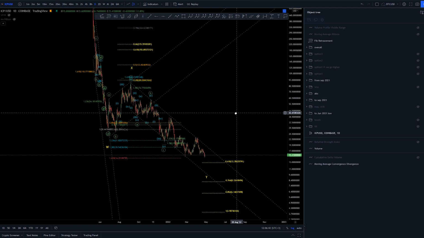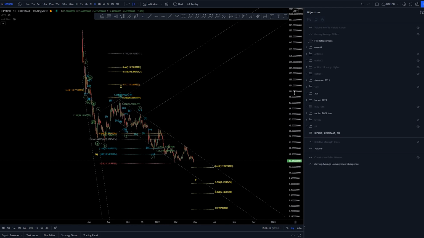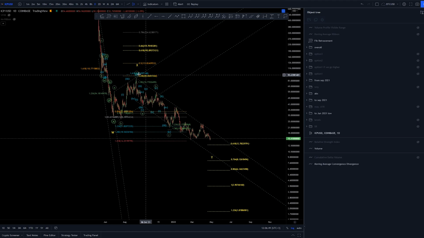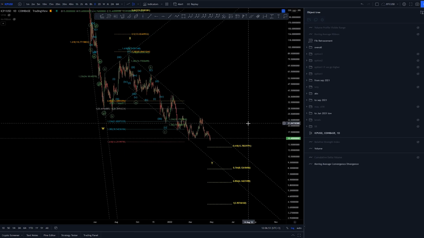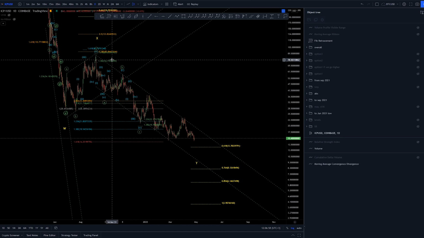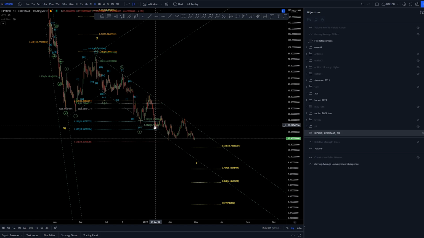Yeah, for this minor or yellow count we have W, X and Y. These degrees here could be lowered to match the count, but I just didn't do that yet, as there's no real clear information about what is actually going on.